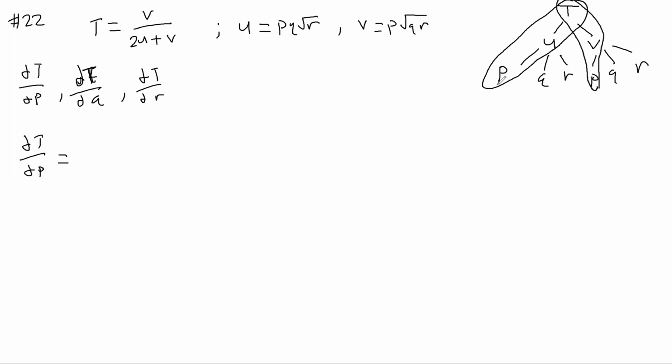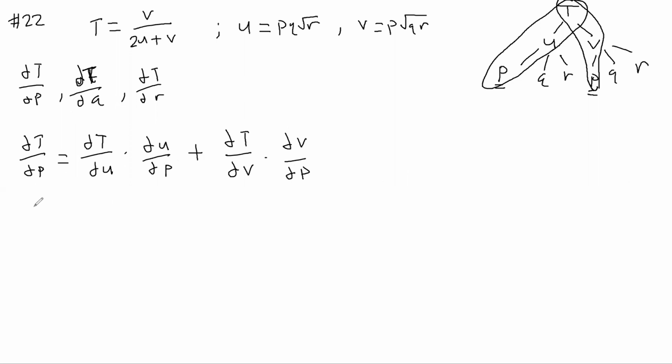You have to look at all possible combinations to p. In this case, there's two different routes. So you'll get dt over du times du over dp, added to dt over dv times dv over dp.